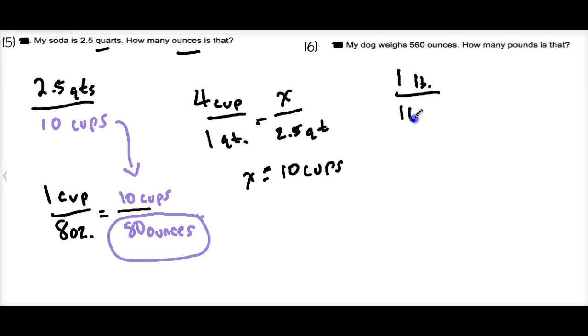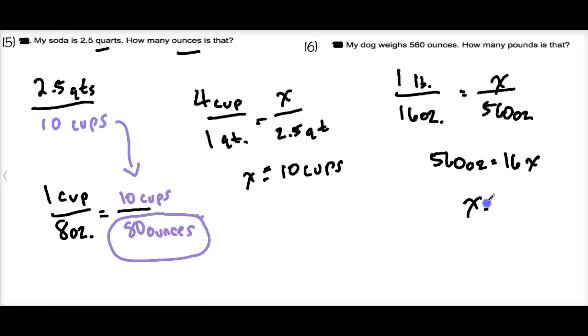So 1 pound is 16 ounces, whereas liquids is 8 ounces, but this is solid, so 1 pound is 16 ounces, and 560 ounces will go on the bottom. And I don't know this one, so we're going to cross multiply. And then that's going to be 35 pounds. So the dog is 35 pounds.